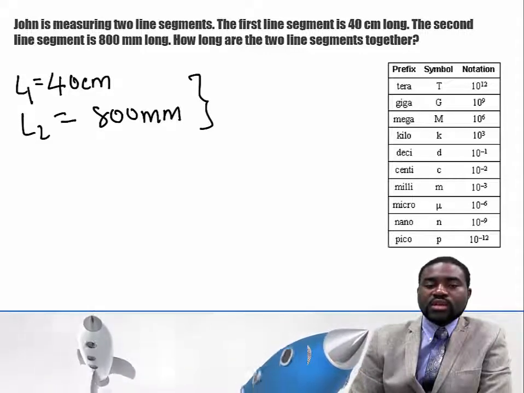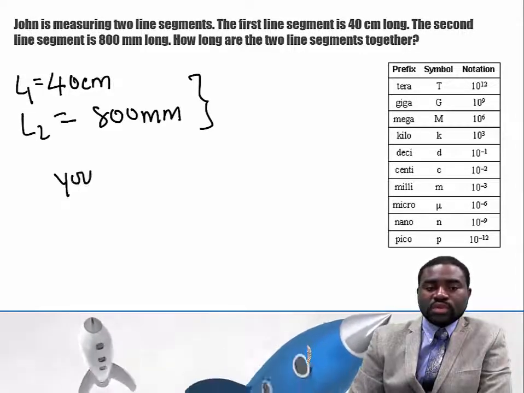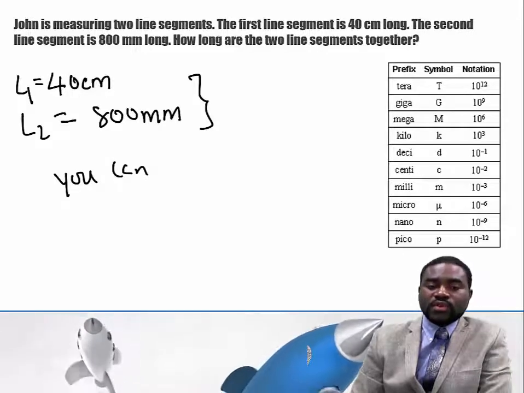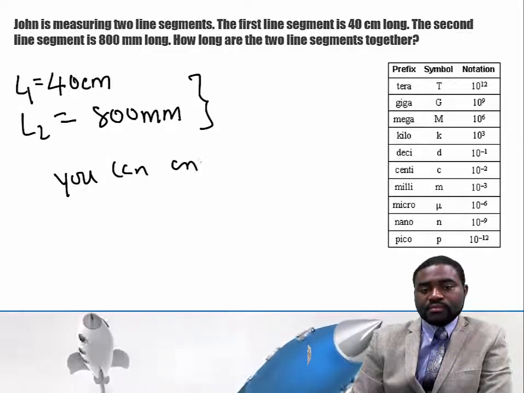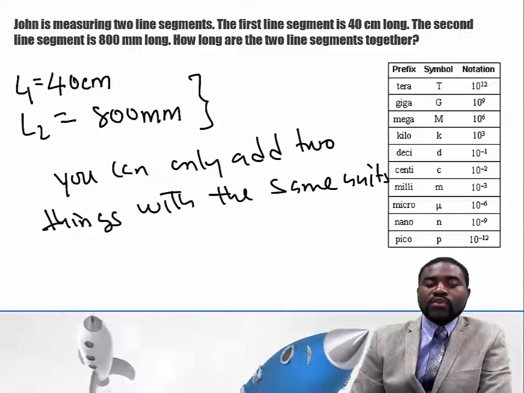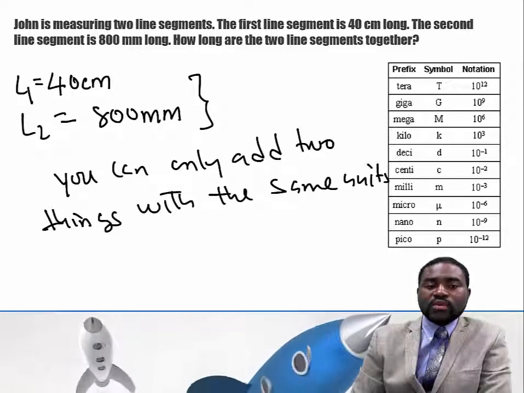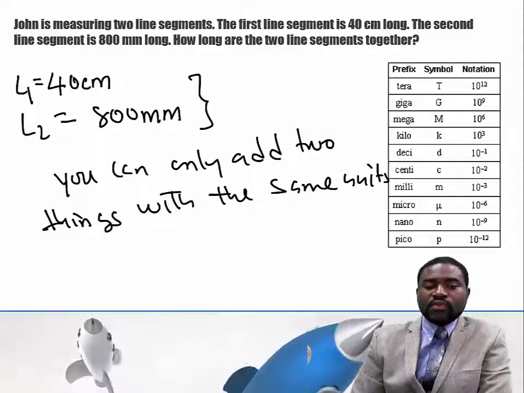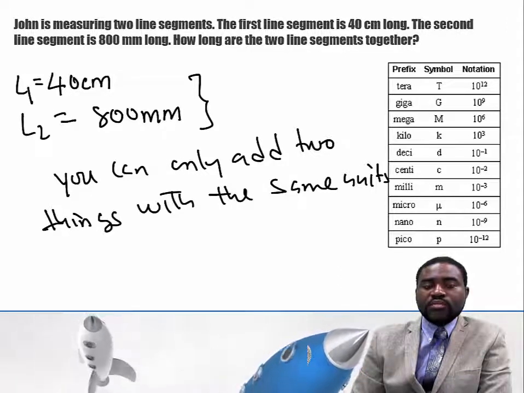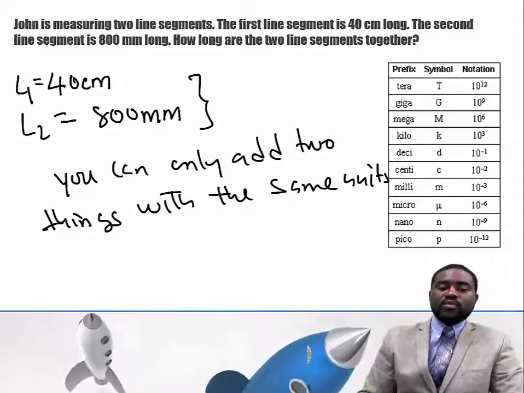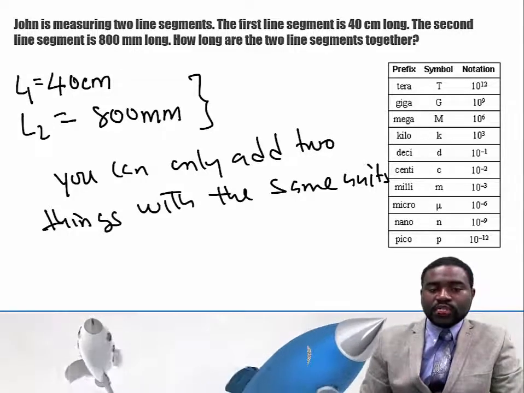Now understand that you can only add 2 things with the same units. So, in order to add L1 and L2, you would either have to convert 40 centimeters to millimeters or 800 millimeters to centimeters. And to do that, we use the conversion factor method.